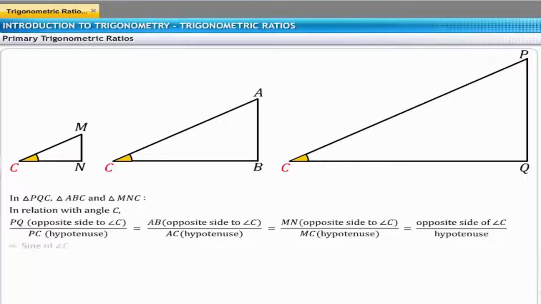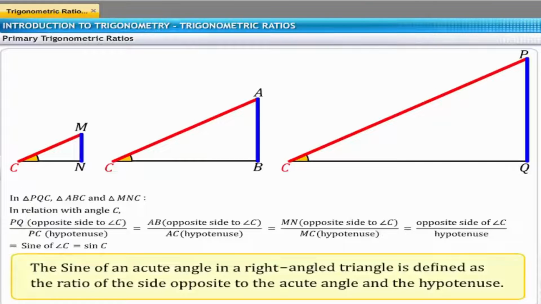It is called the sine of angle C. The sine of angle C is written as sine C. Here, angle C is an acute angle. The sine of an acute angle in a right-angled triangle is defined as the ratio of the side opposite to the acute angle and the hypotenuse.